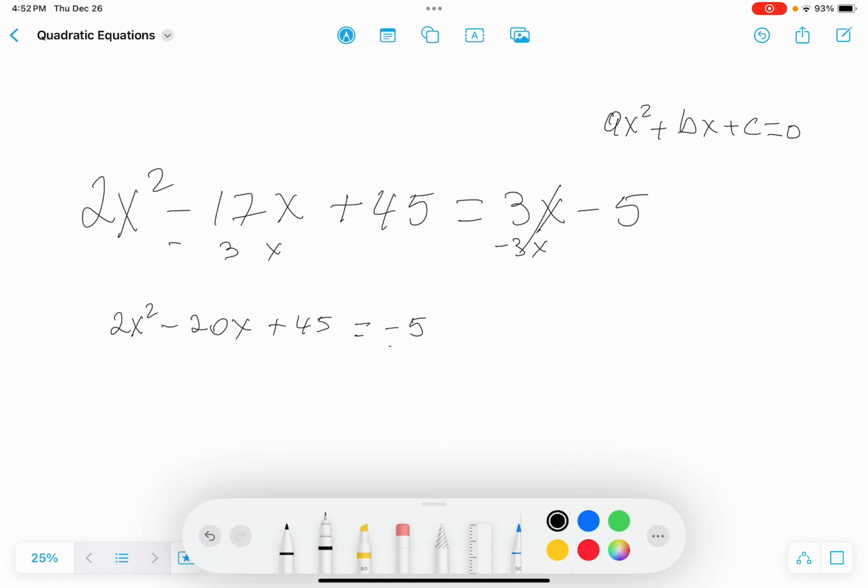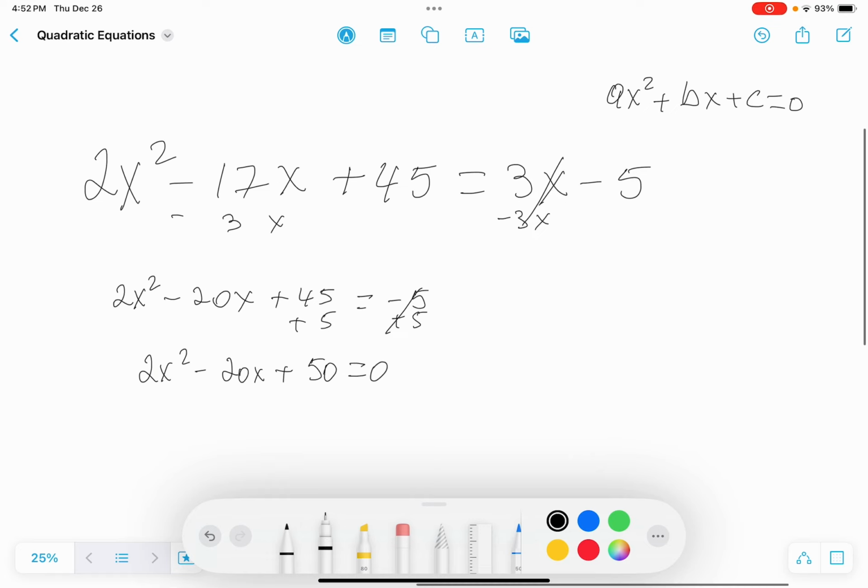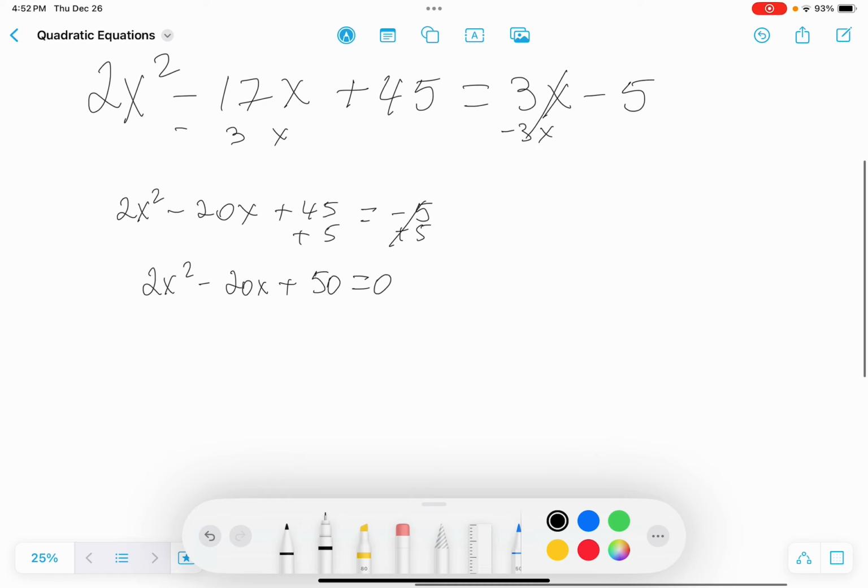Then I still have to add 5 on both sides, and this is cancelled. 2x squared minus 20x plus 45 plus 5 will be 50, equals 0. Now the equation is in standard form.